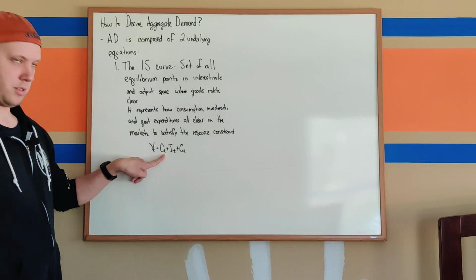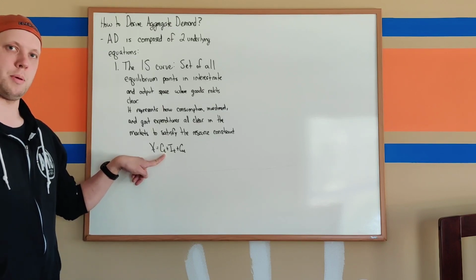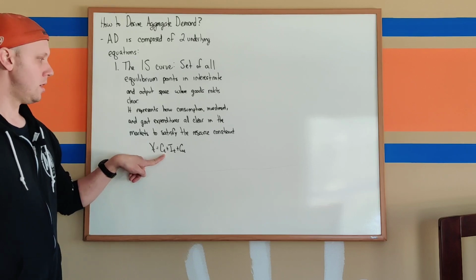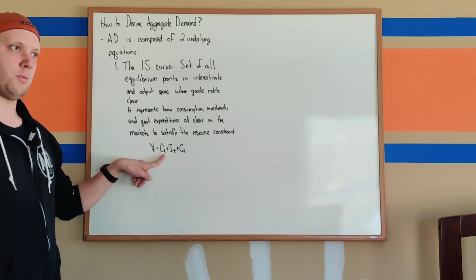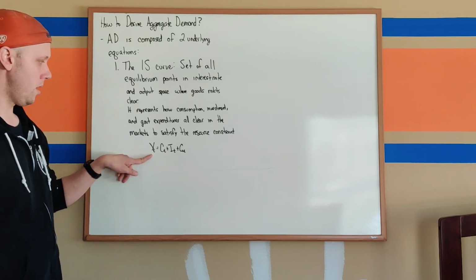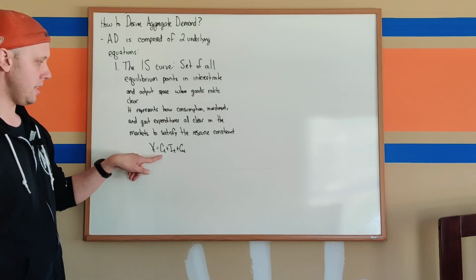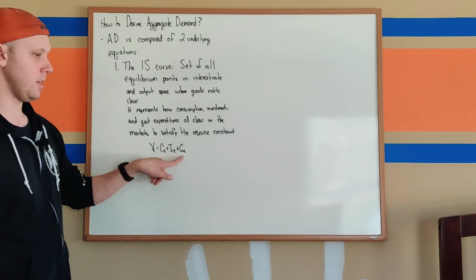Now, if this resource constraint looks familiar to you, it's because it's just GDP. So GDP is ultimately a constraint, which, as I have said before, is that output cannot be exceeded by the sum of consumption, investment, and government spending.